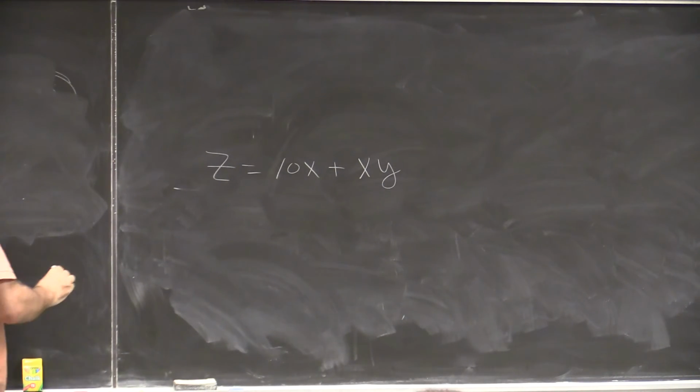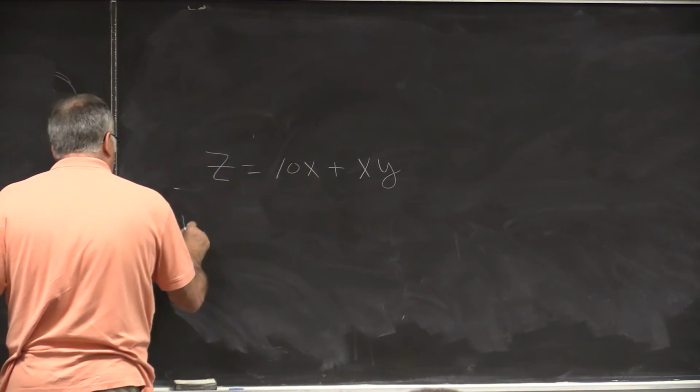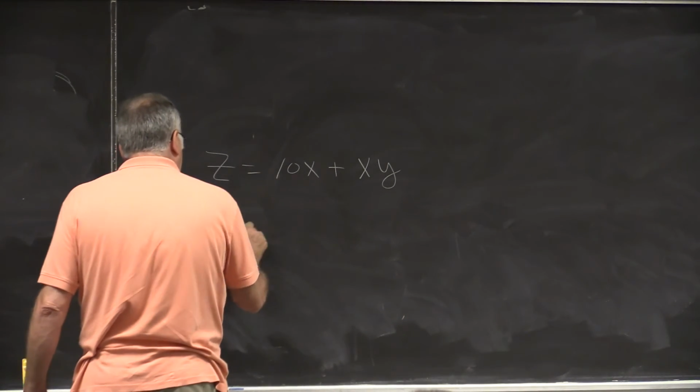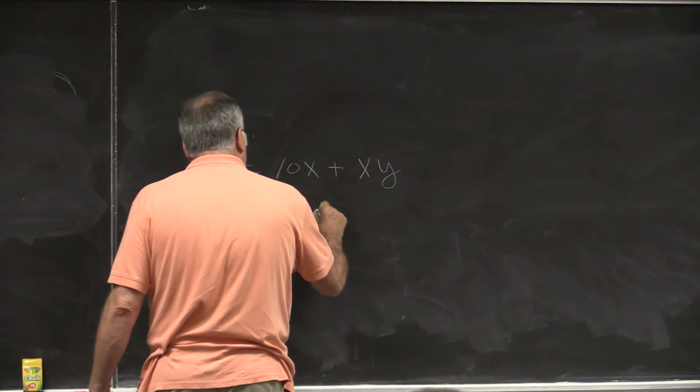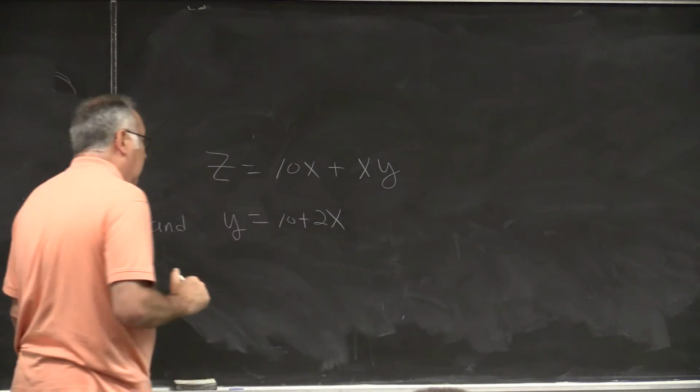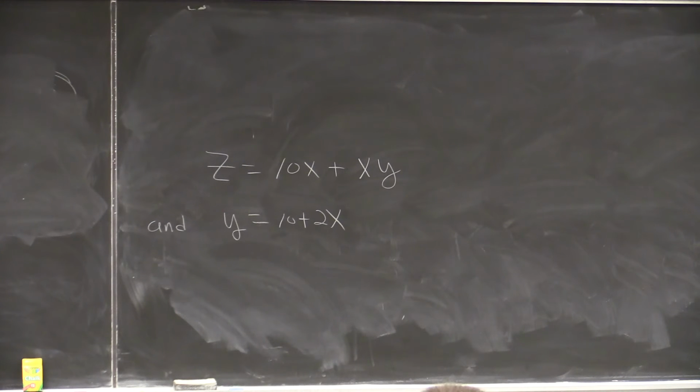And let's suppose y is equal to 10 plus 2x. So how would you get the total derivative of z with respect to x using this approach right here?